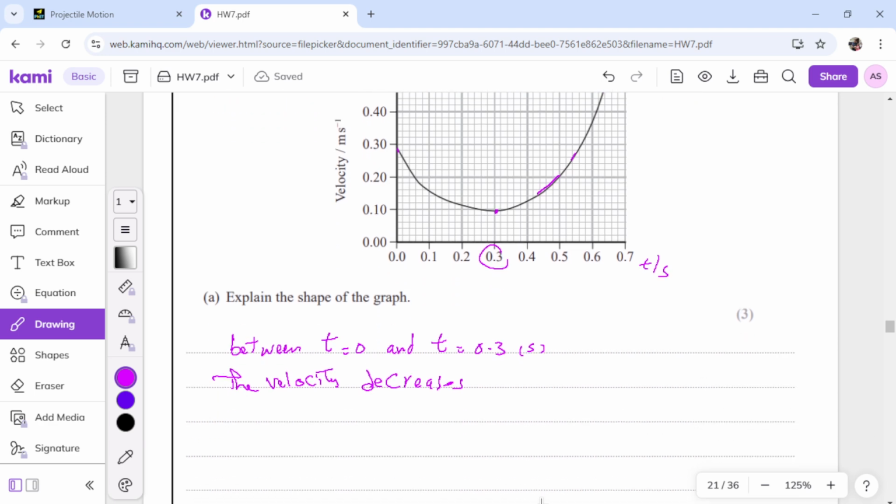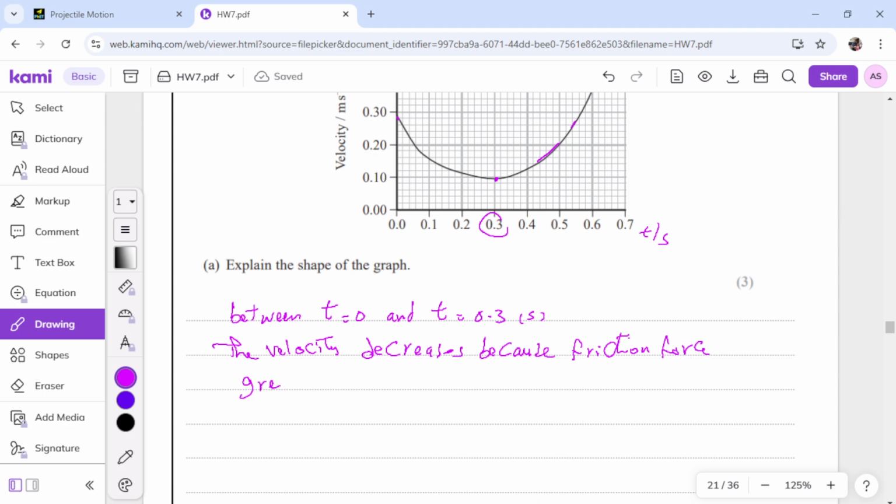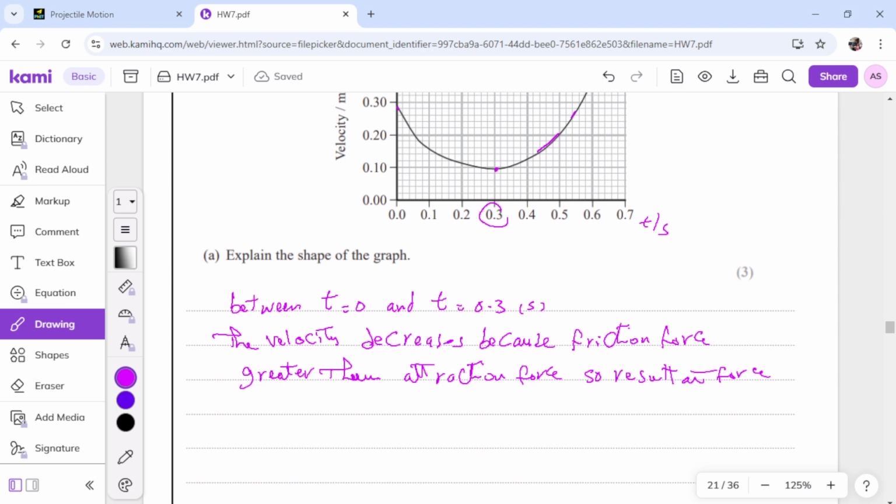So we can write: because friction force is greater than attraction force, so the resultant force is against motion, opposite motion.